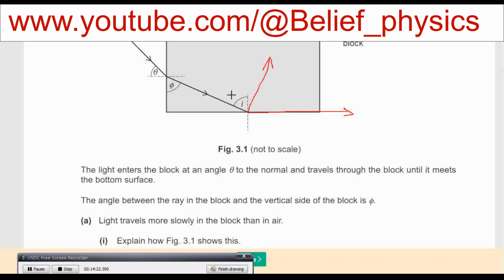Since this i is 64 and the critical angle is 39 degrees, 64 is greater than the critical angle. So total internal reflection will occur, and the incident ray will not emerge out of the block, but will reflect back into the block.